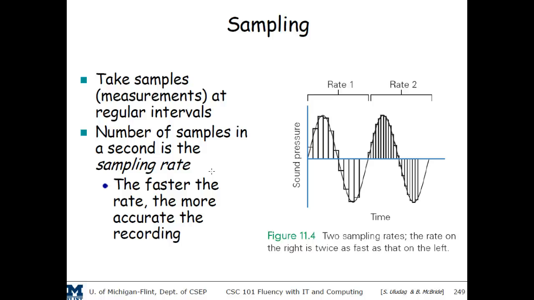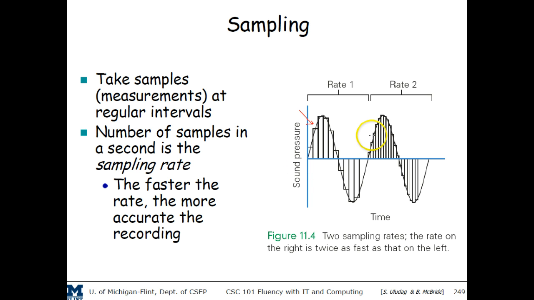So here are two different rates as an example of sampling. The area outside the rectangle represents the sound information. So as we look here at rate number 1, we see that some information is outside of the rectangles for the sample, which means it's information that's actually lost.